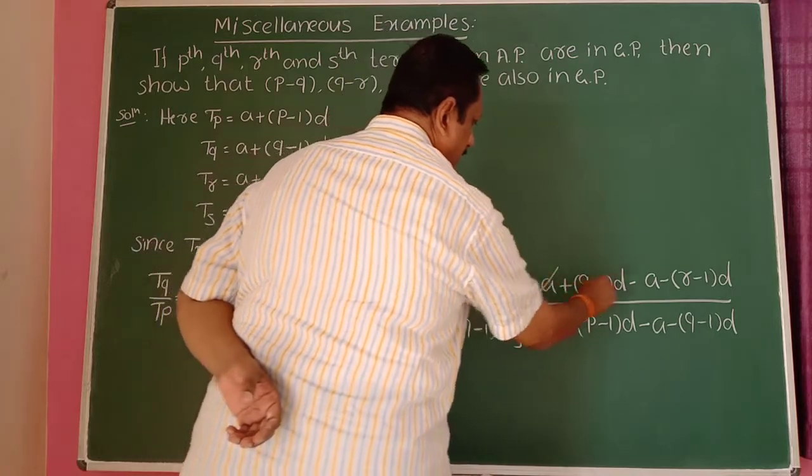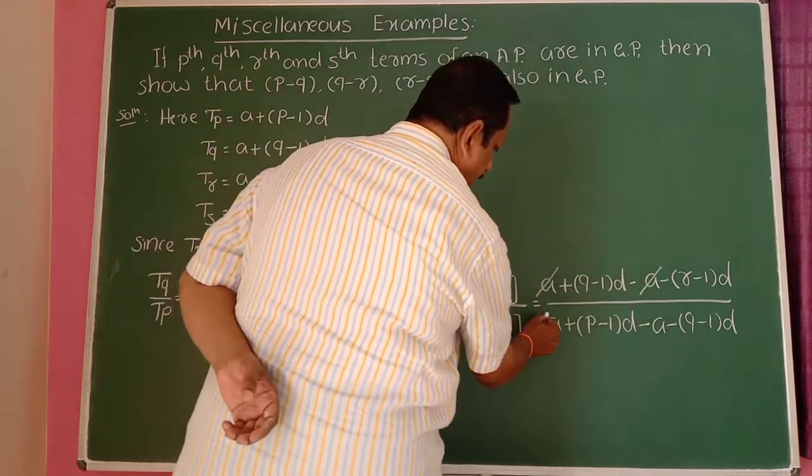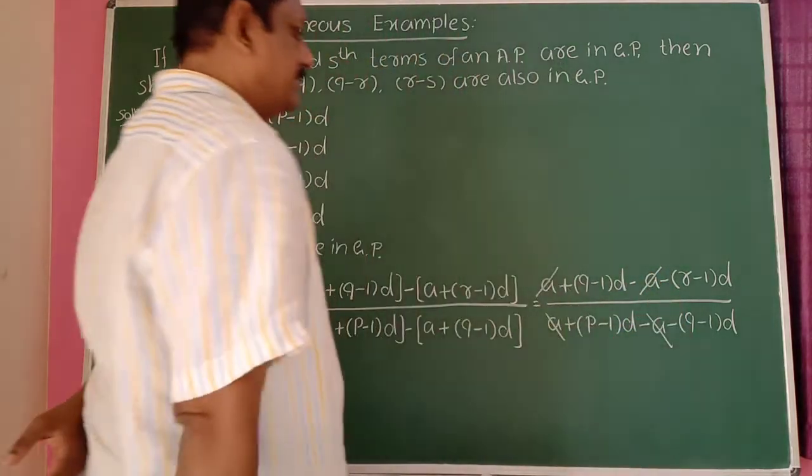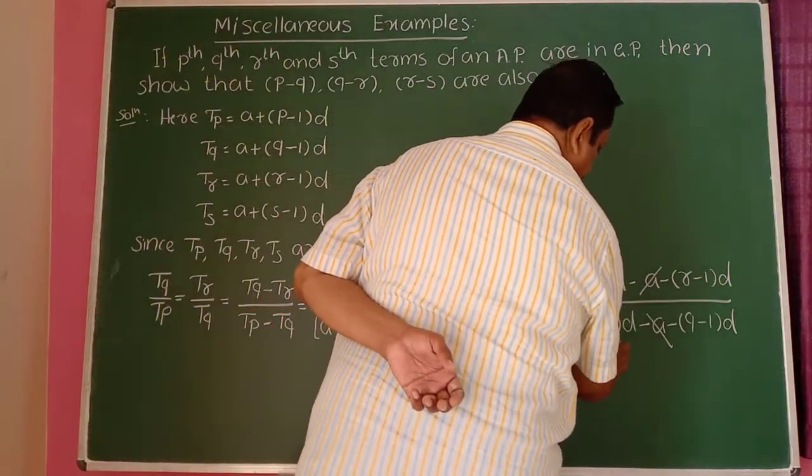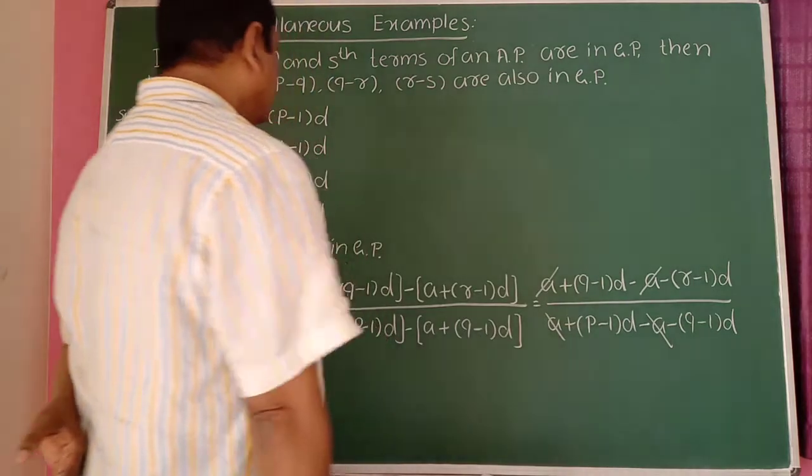Here this a and this a cancel. This plus a and minus a cancel here. Then here d is the common factor in the numerator as well as in the denominator.